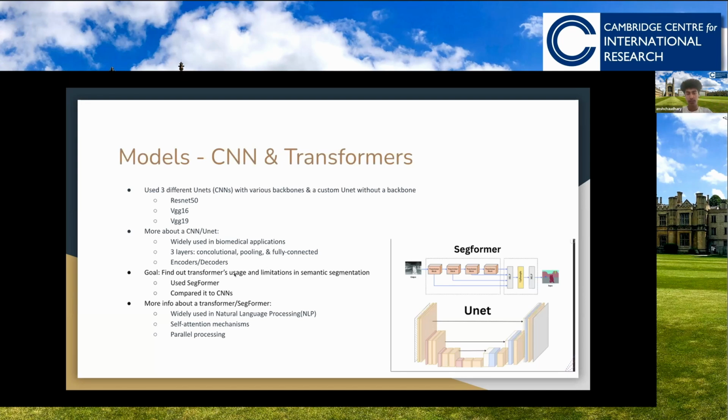Our goal for this research project was to figure out the transformer's usage and limitations, as it is new in this specific field of AI. We used the Sigformer. What's specific about the transformer is that it has two important features: a self-attention mechanism and parallel processing.